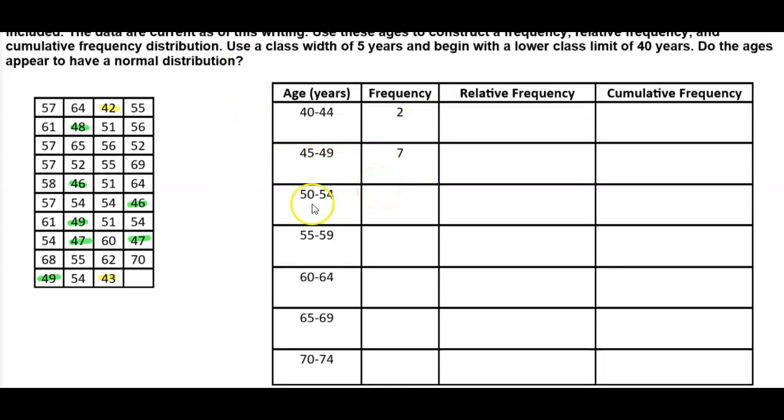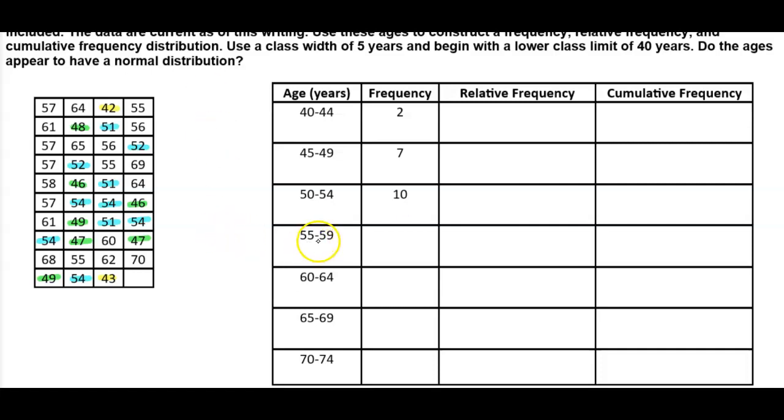Okay, now we want to find the frequency between 50 and 54. So we have 1, 2, 3, 4, 5, 6, 7, 8, 9. There should be one more, and that's this one right here, which is 10.